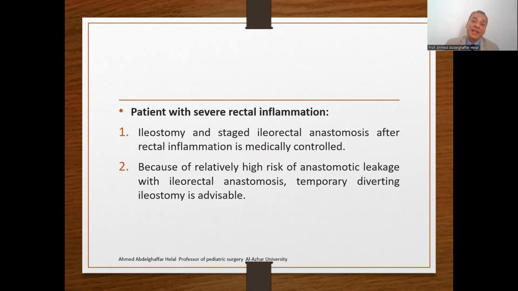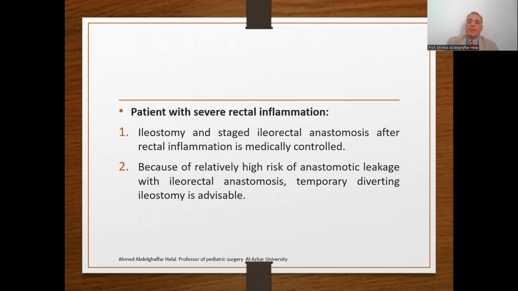Patients with Crohn's disease with severe rectal inflammation: some pediatric surgeons suggest performing ileostomy and treating the rectal inflammation, then performing ileorectal anastomosis again after the rectal inflammation is medically controlled. Because of the relatively high risk of anastomotic leakage, temporary diverting ileostomy is also advised.